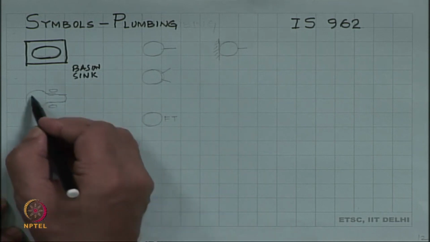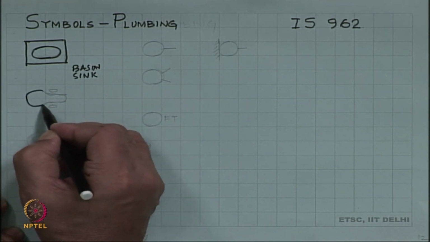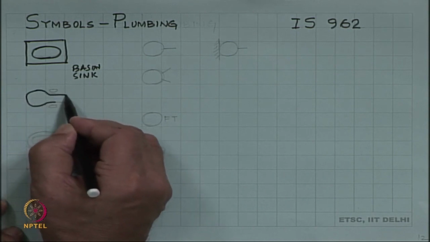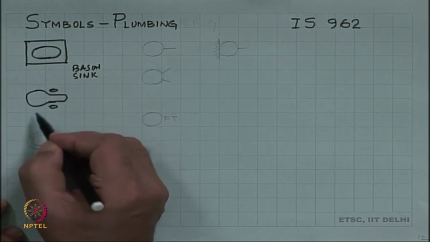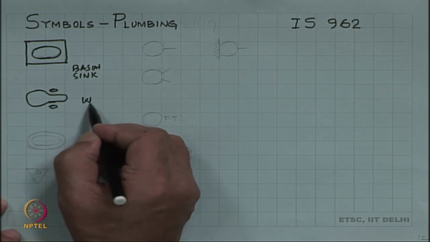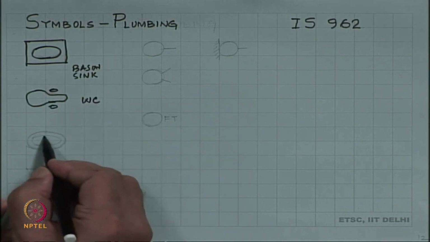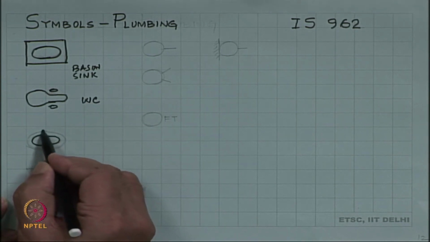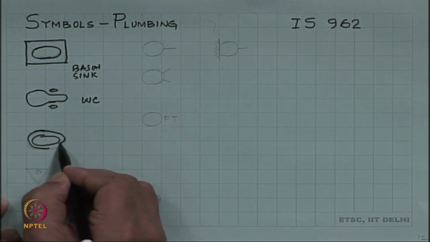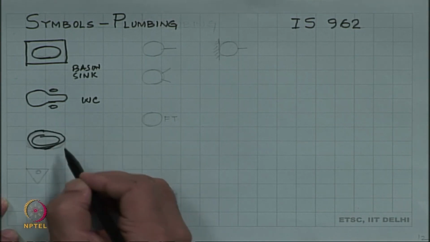Then there are two symbols for the toilet. That is an Indian style WC, and this would be a Western style WC.